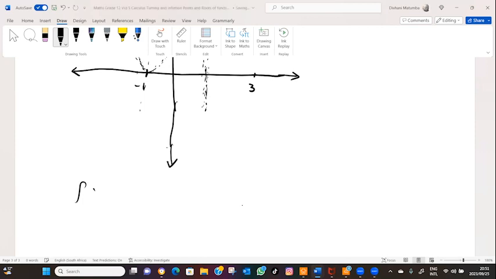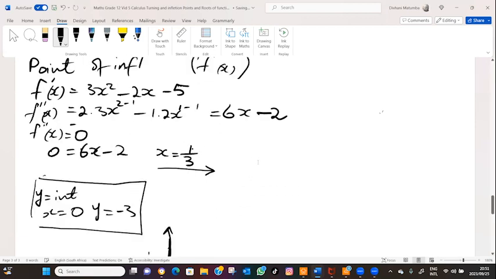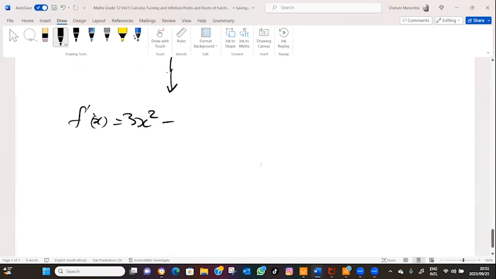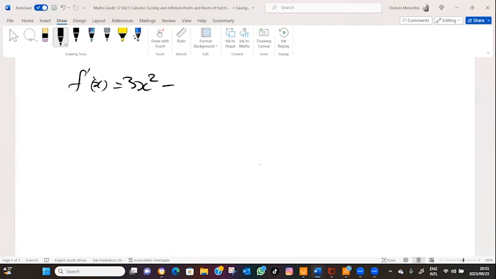Let's say your derivative function was 3x squared minus 2x minus 5. All right. Let's try to check at a point minus 2.